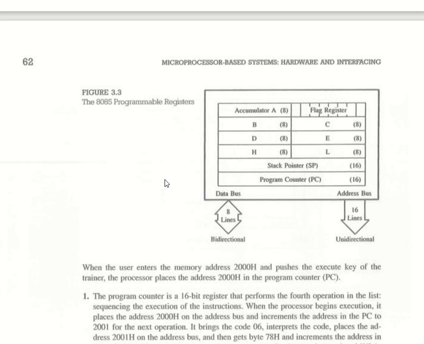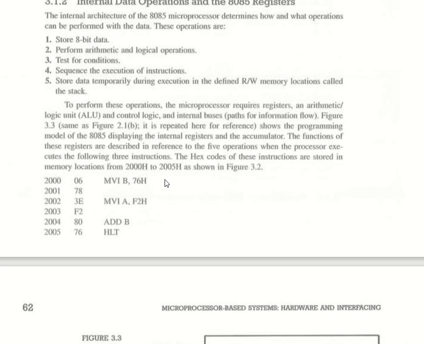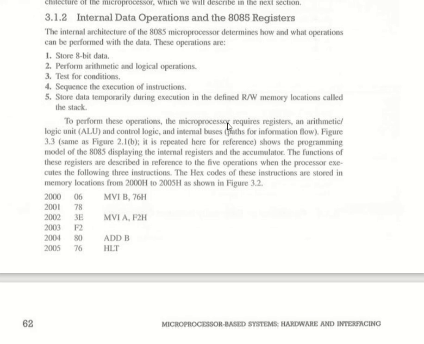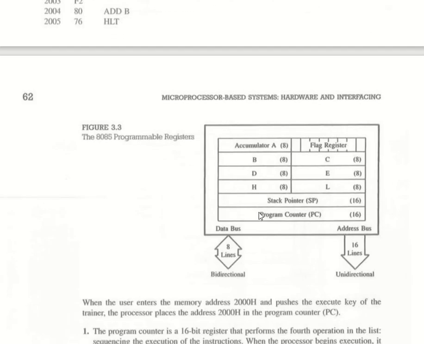We have the stack pointer, which we discussed here, for the storage of temporary data during execution in the defined read write memory locations. So that gets stored in the stack pointer. It's a 16-bit register. And we have the program counter, PC, which is also a 16-bit register, which points down the memory location from one point to another, right?